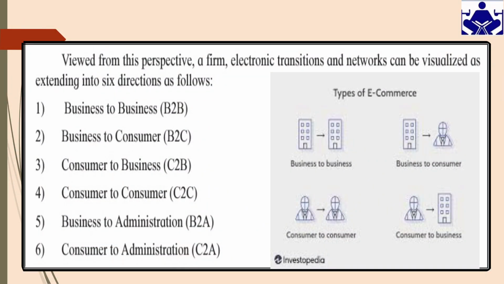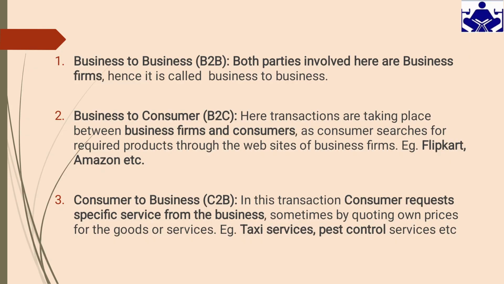Viewed from this perspective, a firm's electronic transactions and networks can be visualized as extending into 6 directions, which are business to business, commonly called B2B, business to consumer, B2C, consumer to business, C2B, consumer to consumer, C2C, business to administration, B2A, consumer to administration, C2A. Let us understand it one by one.